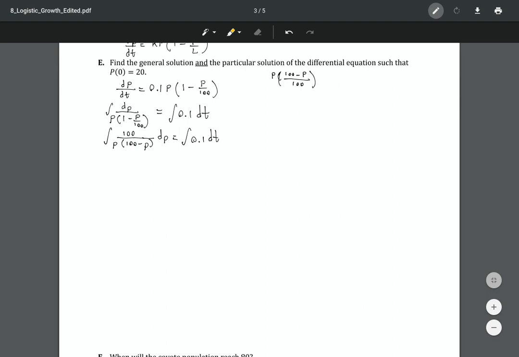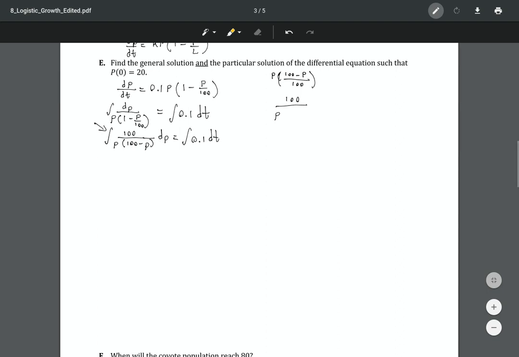Okay, so now I'm going to actually use the partial fractions, but this time I will show you how I'm going to get what I'm going to get. So the whole goal is to try to make this into some kind of integral that I can actually integrate, right, with the skills that I now have. And again, I'm using partial fractions here.